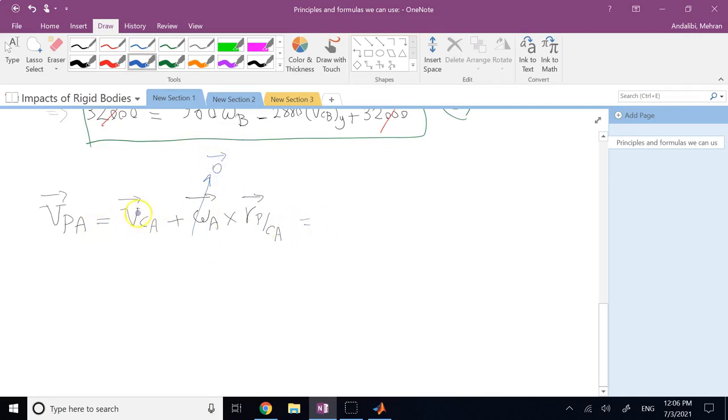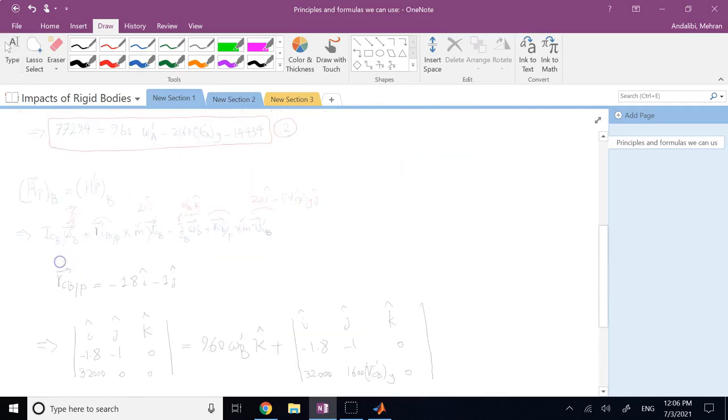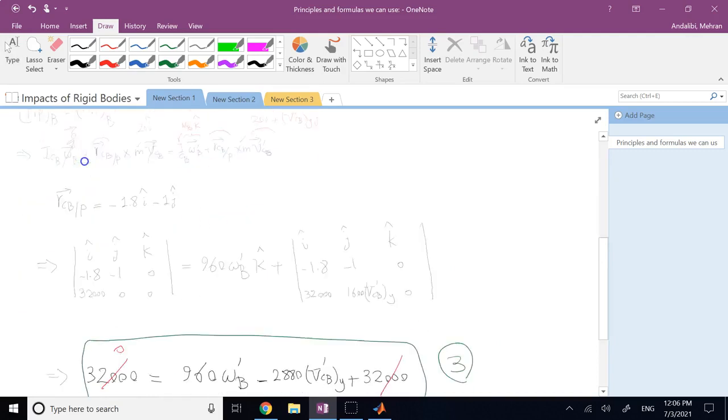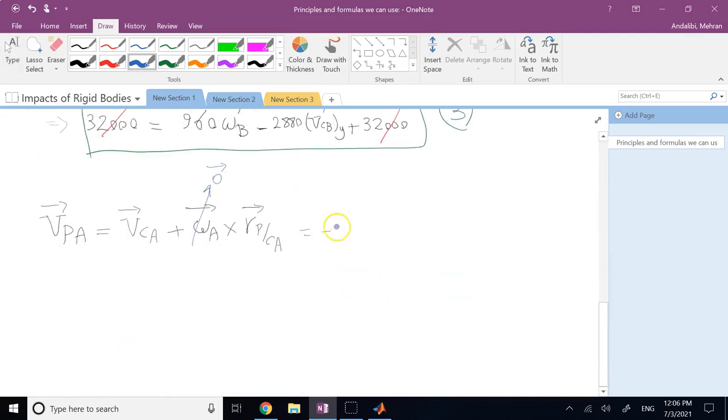So it is simply going to be the same as VCA, which, as you can see here, was 30 cosine 20 i minus 30 sine 20 j, and the only component I care about is this guy, the x component.